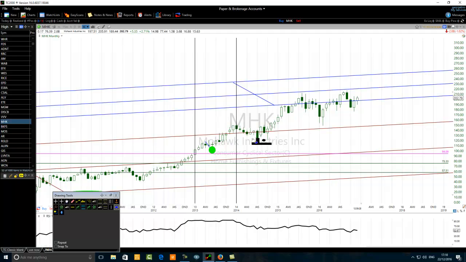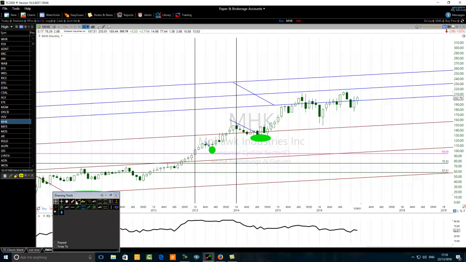You wait for another pullback. So if the pullback to retest that high, or the pullback to retest the median line, did not happen, you wait for another pullback, another higher low. Here it is. Here was another chance to buy it, in 2014, when it pulled back again. If you missed this one in 2013, you will catch this one here.